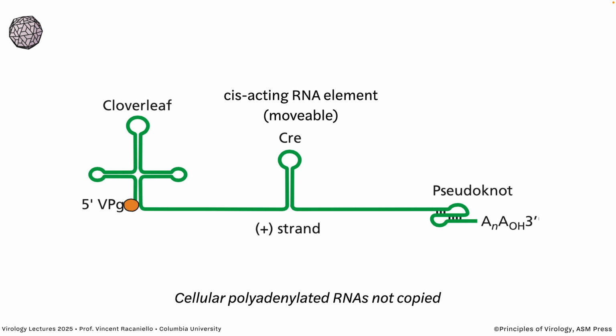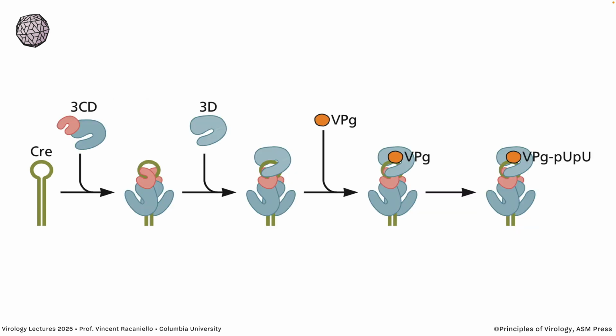And we think these signals ensure that cellular RNAs are not copied, because cellular RNAs are never copied by the poliovirus RNA polymerase, only poliovirus RNAs. And we think these signals play a role in that. Okay, so this now shows you how VPg is made into a primer.